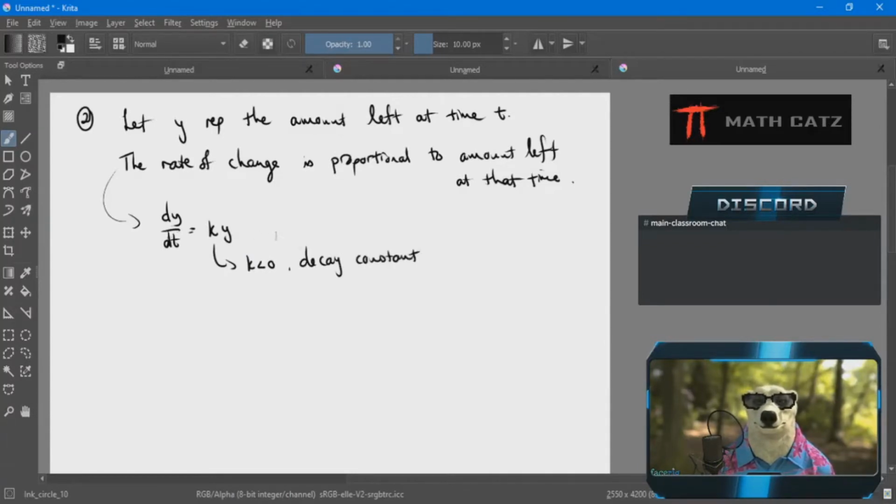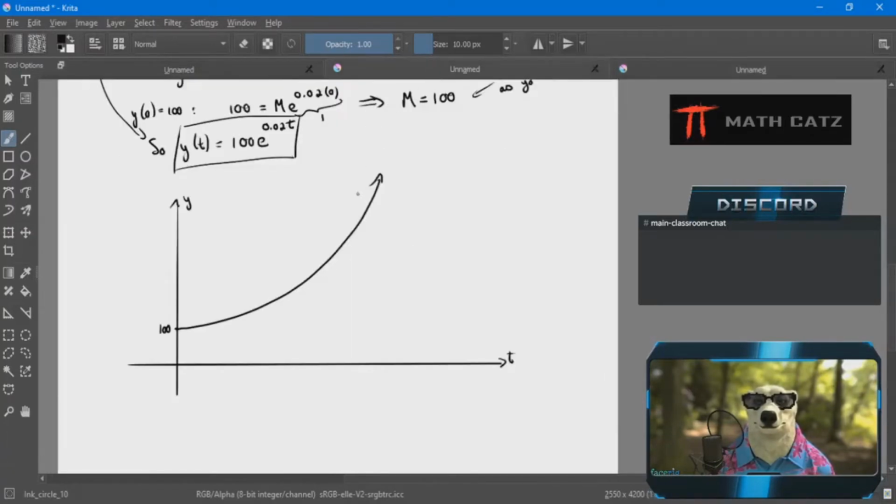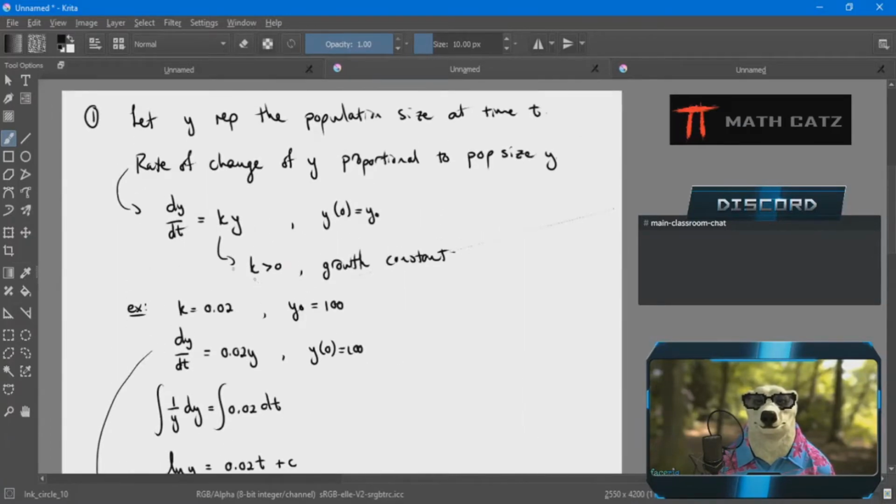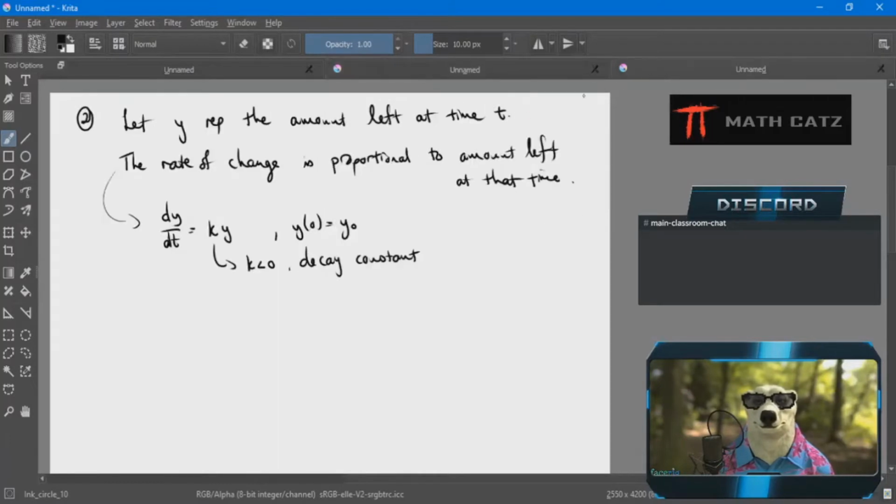But it's the same looking situation, and I also have my initial amount usually known. So it looks exactly the same as up here, exactly the same. The only difference is that the k is now negative, and that's not going to have any effect on how I approach the differential equation.